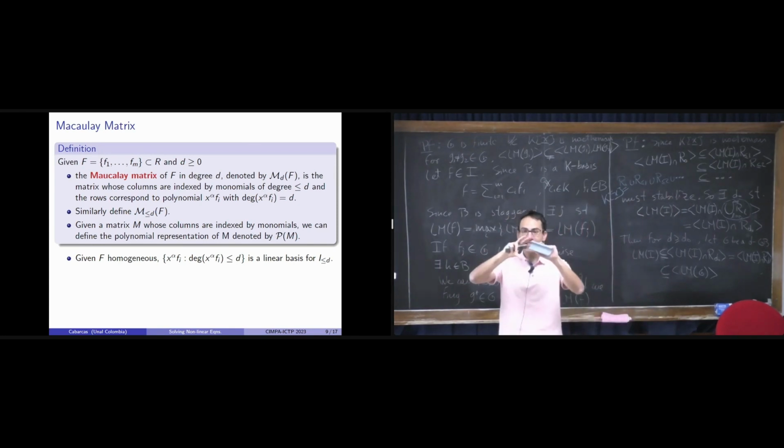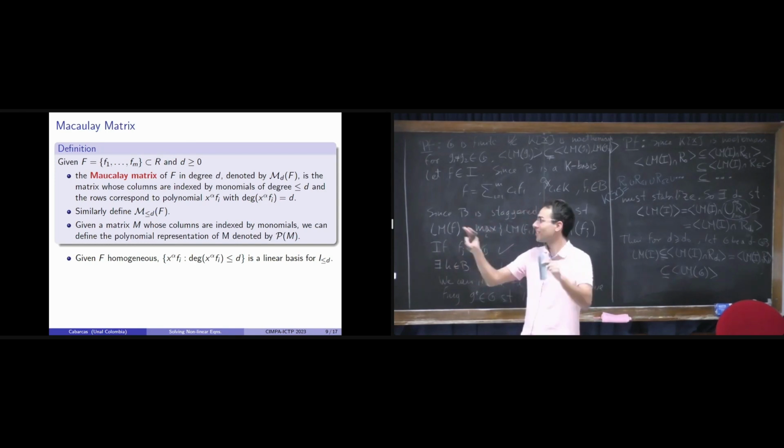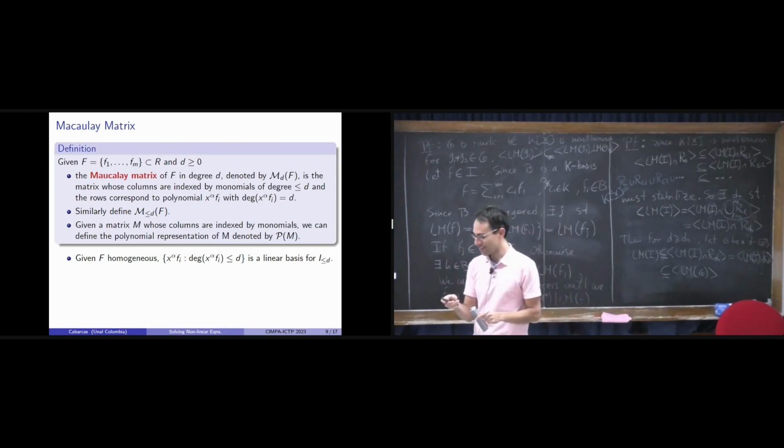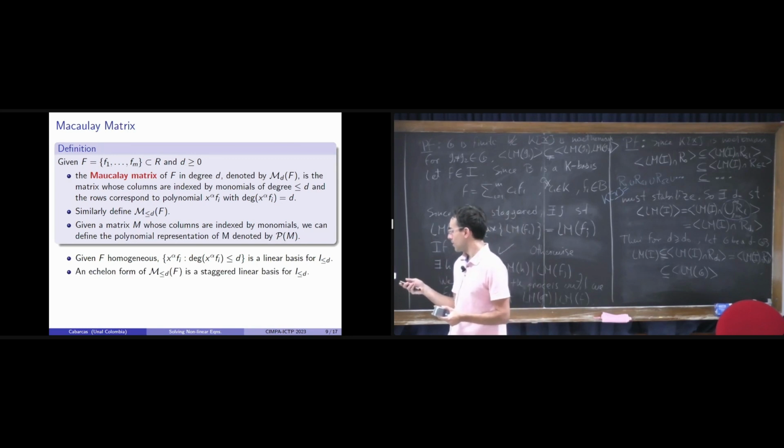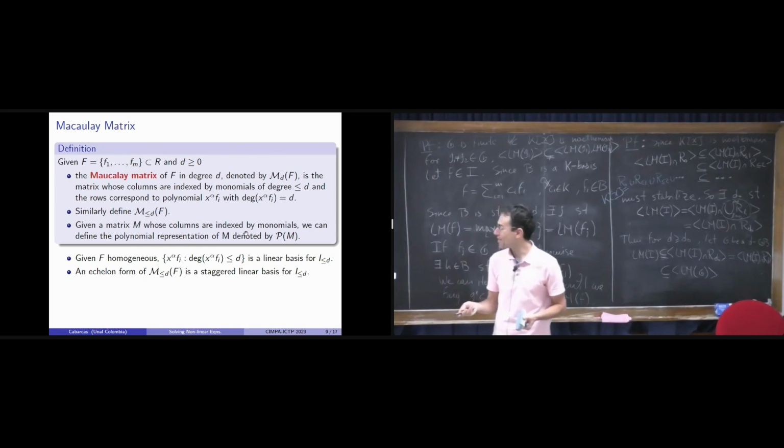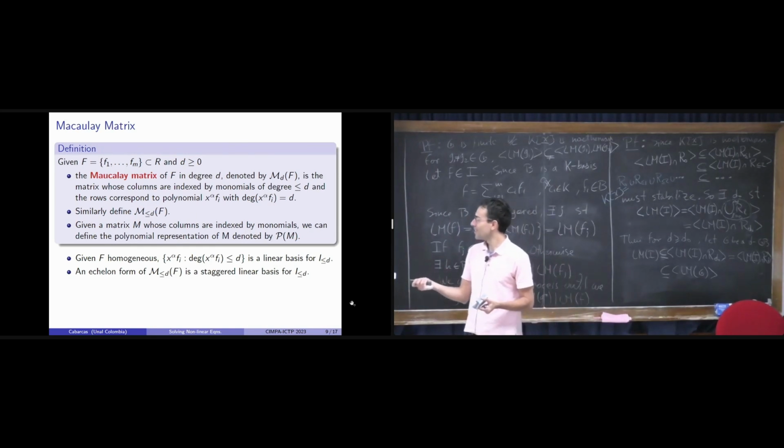The polynomials stay at one degree, so all the polynomials you can obtain are there at that degree. So we can find an echelon form of the Macaulay matrix up to degree D, and that happens to be exactly a staggered linear basis for the ideal up to degree D.